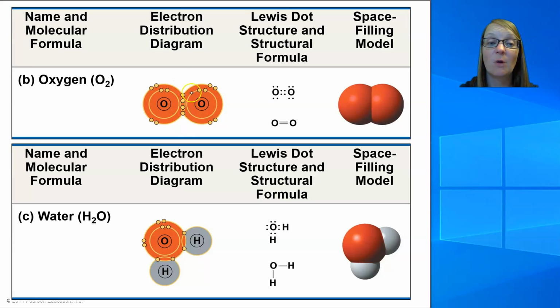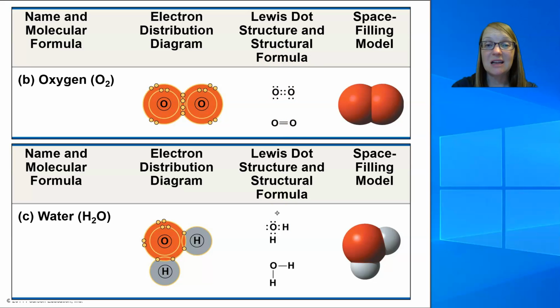So in this case, you have 4 electrons being shared here in the middle, and that's pretty easy to tell that that's going to be a double covalent bond. Down here we've got water, and the oxygen and the hydrogens, they're only sharing 1 pair of electrons, so those are going to be single covalent bonds. You've got your structural formulas for each of the molecules, and then your Lewis dot structures as well.